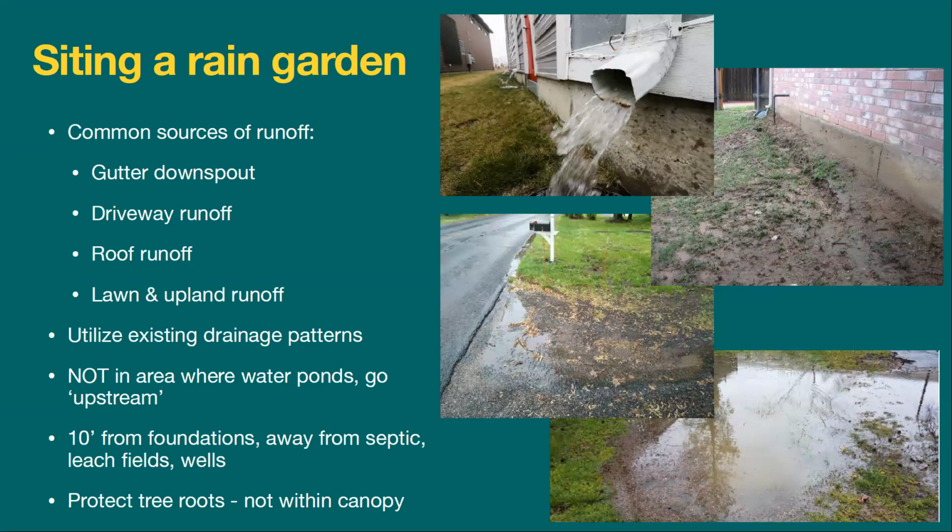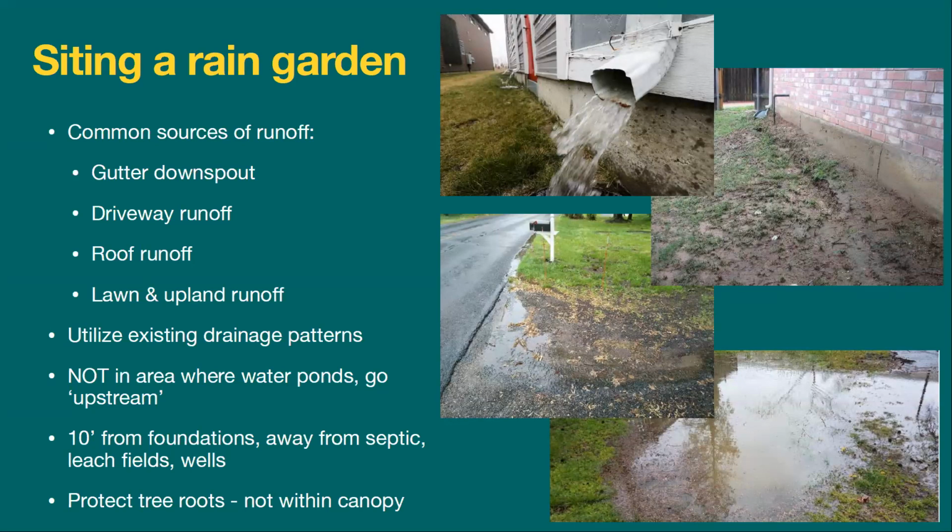So siting a rain garden, a lot of this is geared towards the homeowner or residential site, so this might not address some of those more urban or public areas. But common sources of runoff are gutter downspouts, driveway runoff, roof runoff, and then lawn and upland runoff.